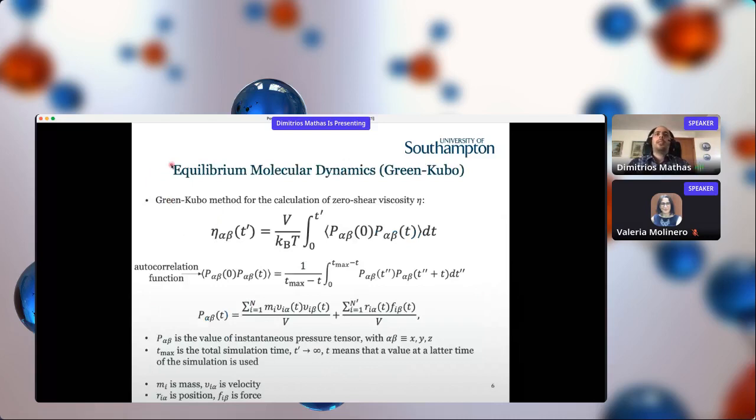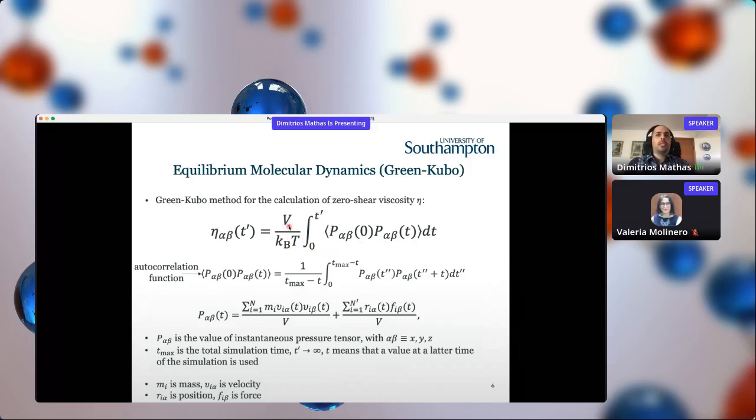Now, the first method for calculating viscosity is the equilibrium MD, and the Green-Kubo method tells us that viscosity can be calculated by the integral of the autocorrelation function of the pressure tensor, where alpha beta are the Cartesian coordinates x, y, and z.